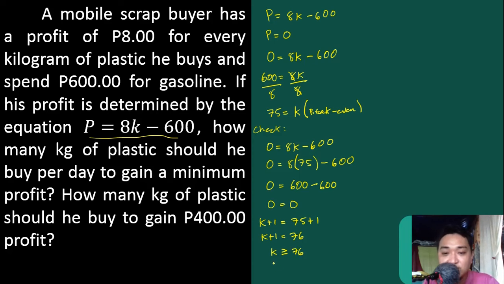That is also the same as K is, if the basis is per kilo, that is should be greater than 75. Ayan po. Linawin ko lang what is this 76? Ibig sabihin, kailangan niyang mag-uwi ng 76 kilos para makagain siya ng minimum profit. Check natin. Let us check.